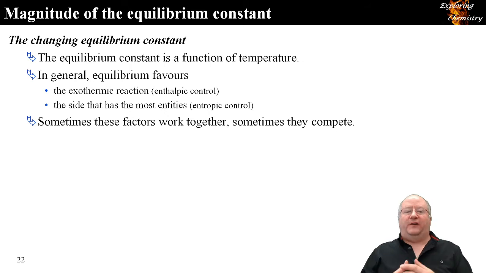Equilibrium also favors the side that has the most entities. You haven't discussed, at least in university, the concept of entropy yet. We will when we do thermodynamics, but this is entropic control, the side that has the most entities. These are two different forms of energy. Sometimes these factors work together, sometimes they compete with each other.